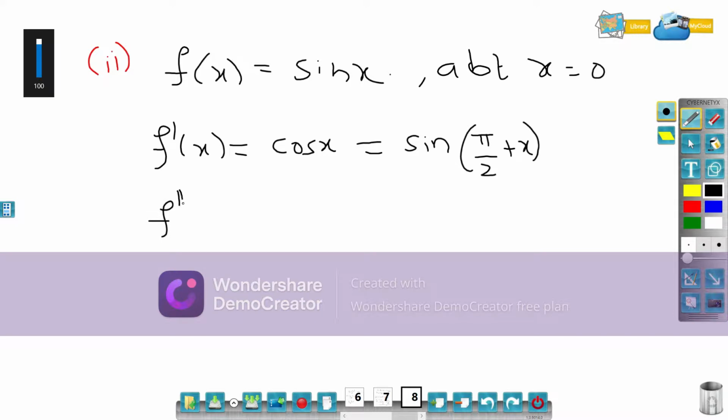F double dash x is minus sin x, which is same as sin of pi plus x. Sin pi plus x is minus sin x. So I will write down 2 times pi by 2 plus x.